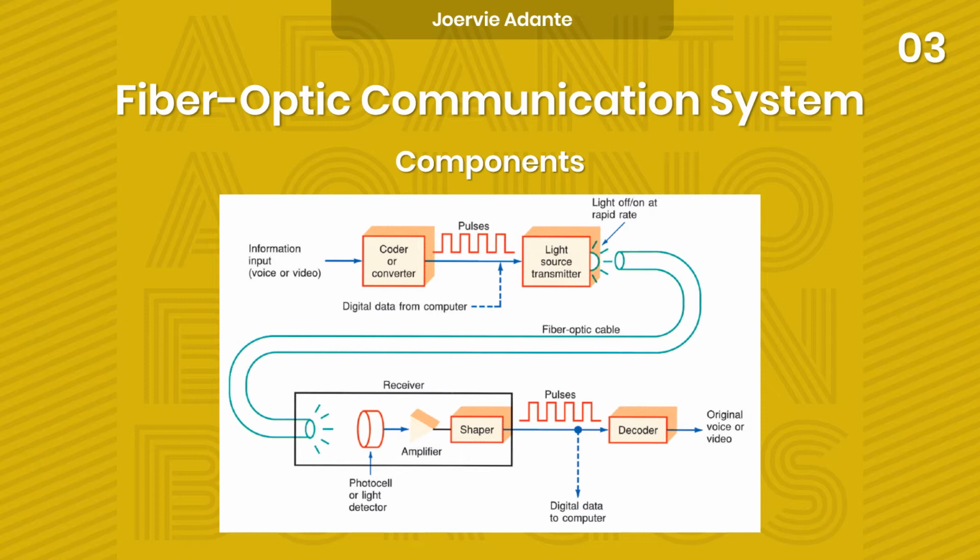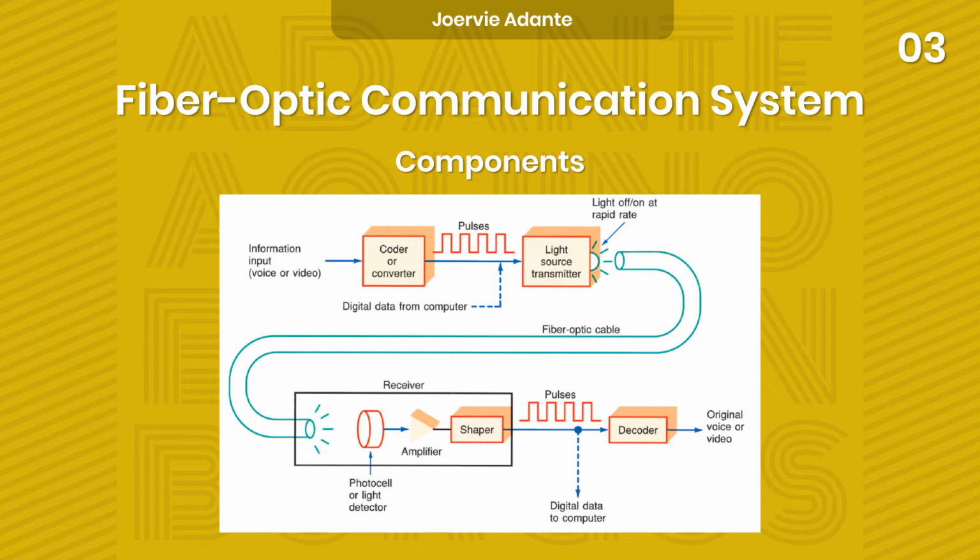In other systems, a fiber-to-light detector coupler is used to couple as much light as possible from the fiber cable into the light detector. At the receiving end is a photocell or light detector which detects the light pulses and converts them to an electrical signal.